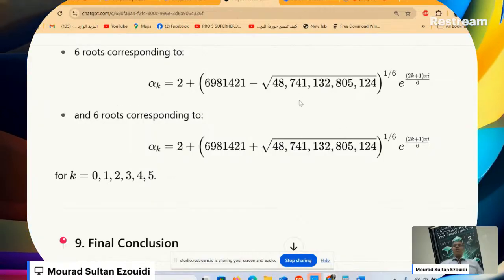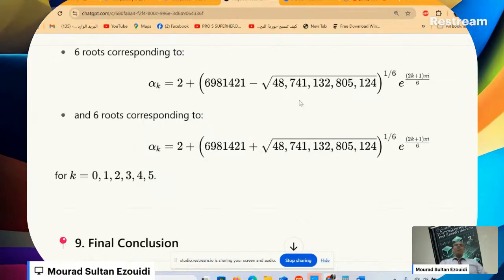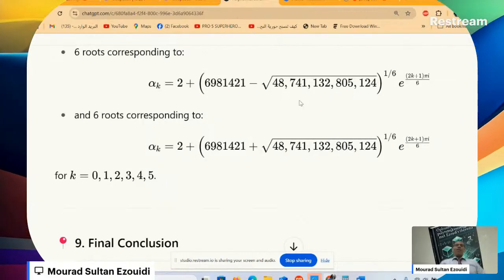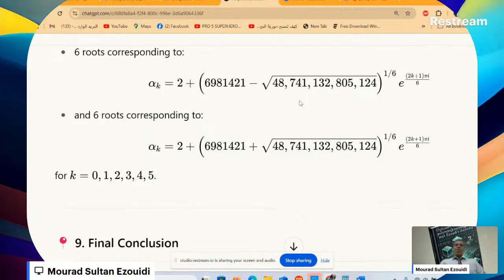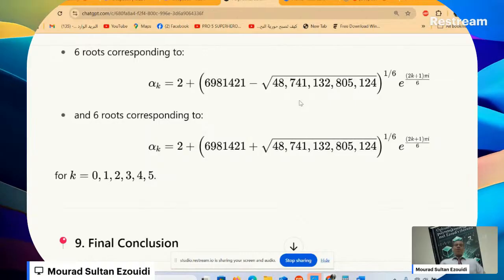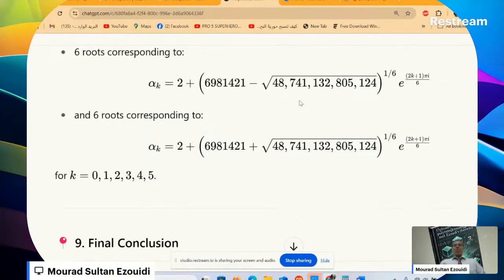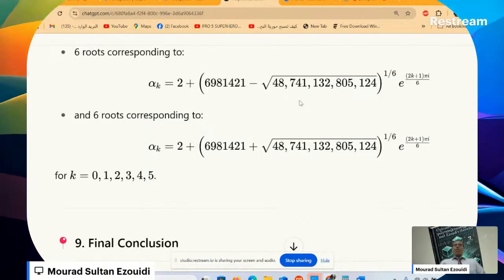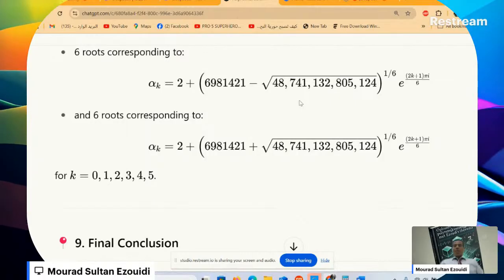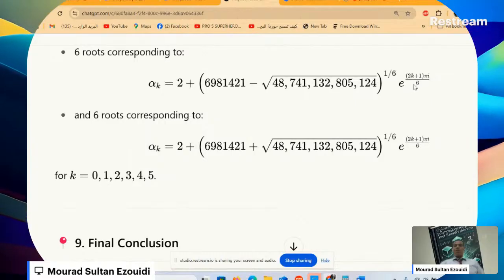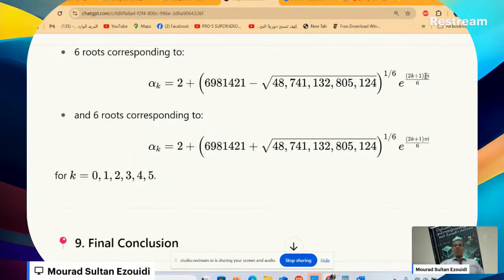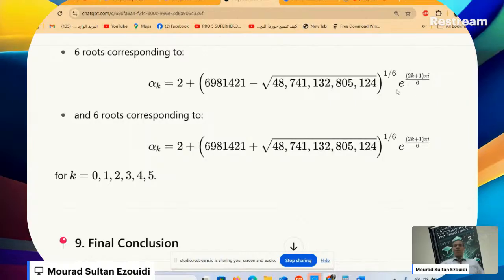I gave this 12-degree equation to ChatGPT and he found 2 real roots. After giving him the solution and after checking, he told me he was sorry when he wrote that there were 2 real roots. Okay, he made a mistake because here this is exponential 2k plus 1 I pi divided by 6.